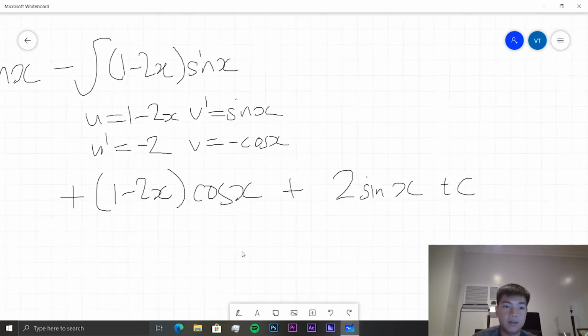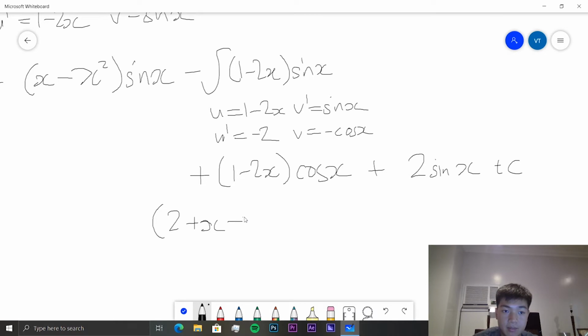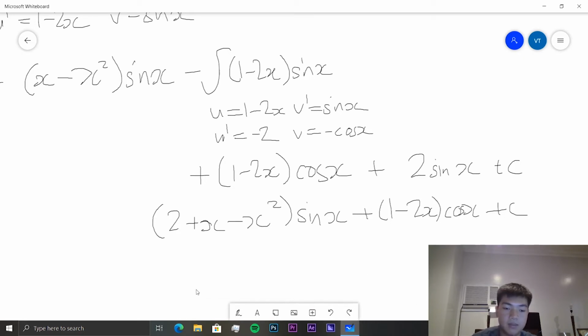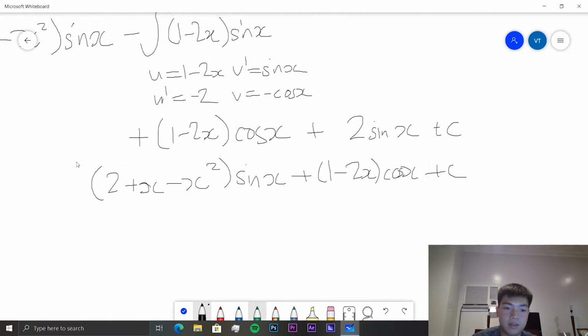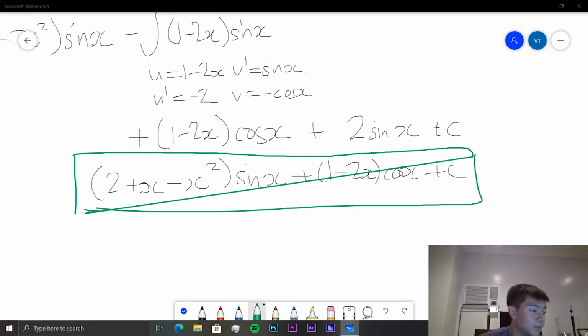So if we combine this all together, we get 2 plus x minus x squared times sine x plus 1 minus 2x times cosine x plus c. So this is the resulting one. Yep, that's correct.